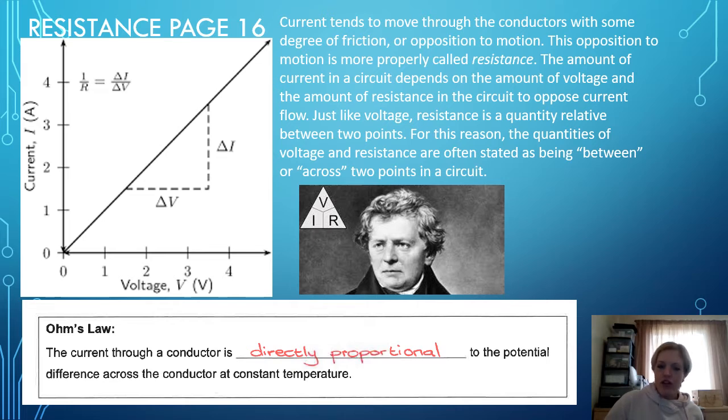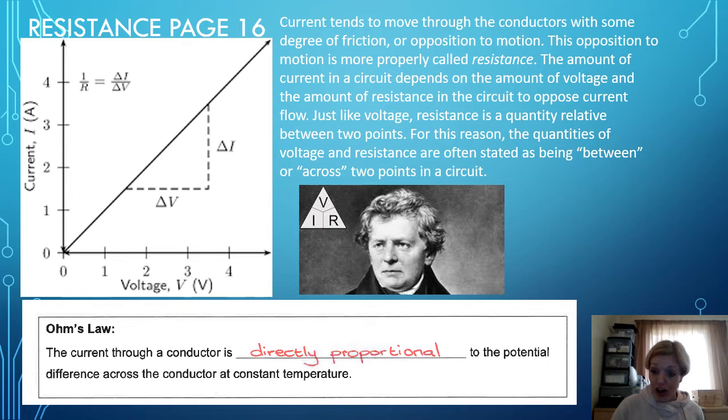The results of that experiment explain Ohm's law. Even though he's an old German physicist and he looks very stern and not very happy, grade 9s, this guy knew what he was talking about. The current through a conductor, remember conducting wire, is directly proportional to the potential difference across the conductor at a constant temperature.